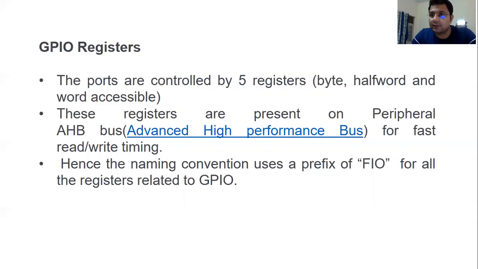from the port table, which shows what functions this port provides for these particular pins, because you can't use every pin. First of all, some pins are reserved, some pins are usable. Out of those usable pins, every pin you can use for four functions: function 0, function 1, function 2, function 3. Function 0 is the default. Even if you do not write, you can use it as general purpose input output.